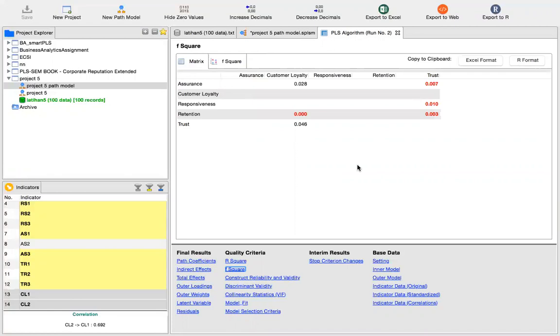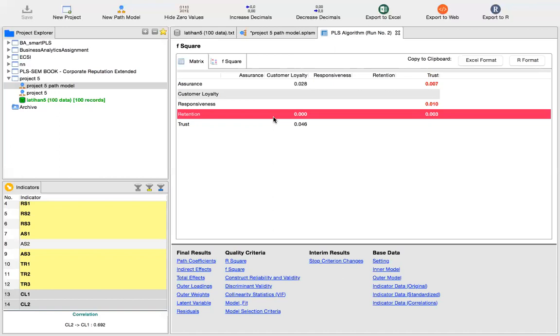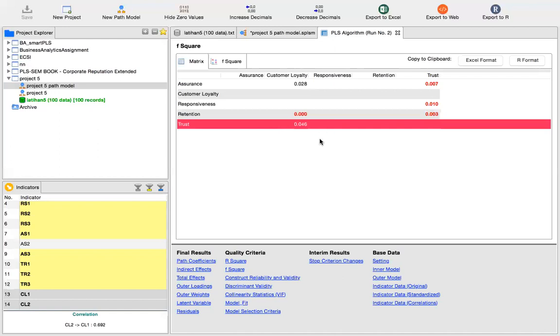And if it is equal to 0.35, it has a large effect. As we can see, this one has a medium to large effect. This one has almost no to small effect. And this one has a large effect.